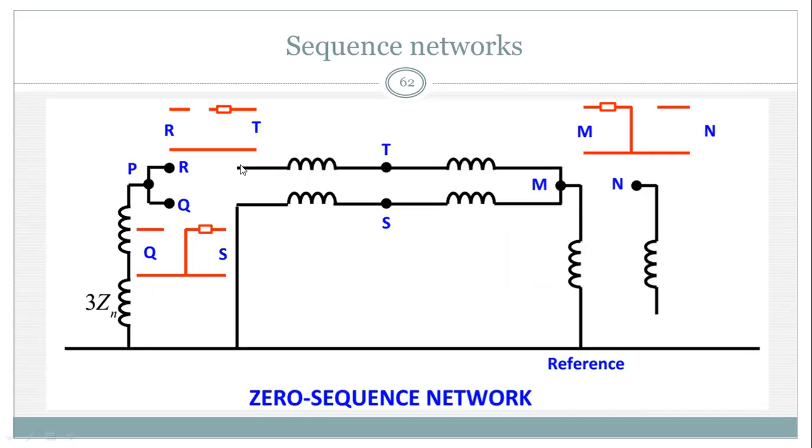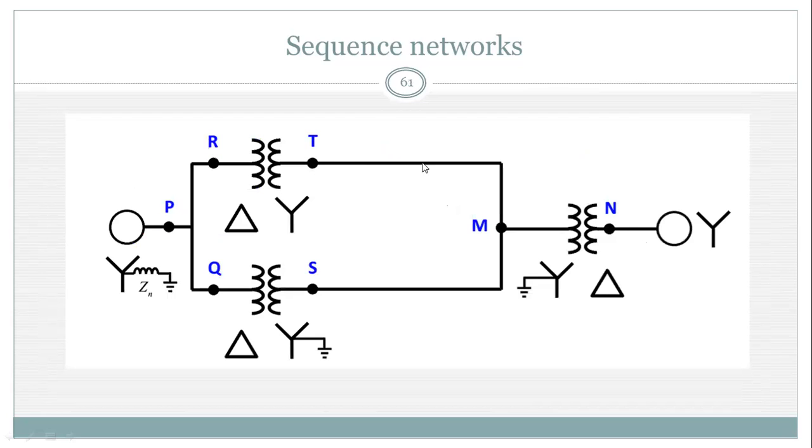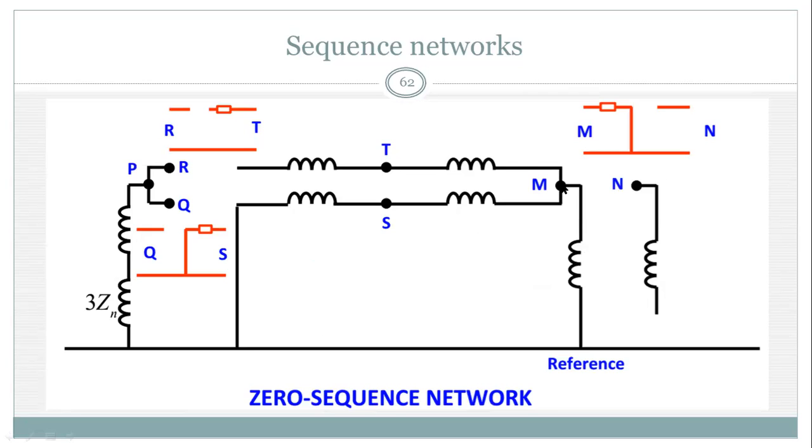So between R and T there should be an open circuit, and the impedance is shown in the Y portion, that is the secondary portion. Now from T to M, there is a high voltage transmission line, so there should be an impedance that represents the transmission line impedance.